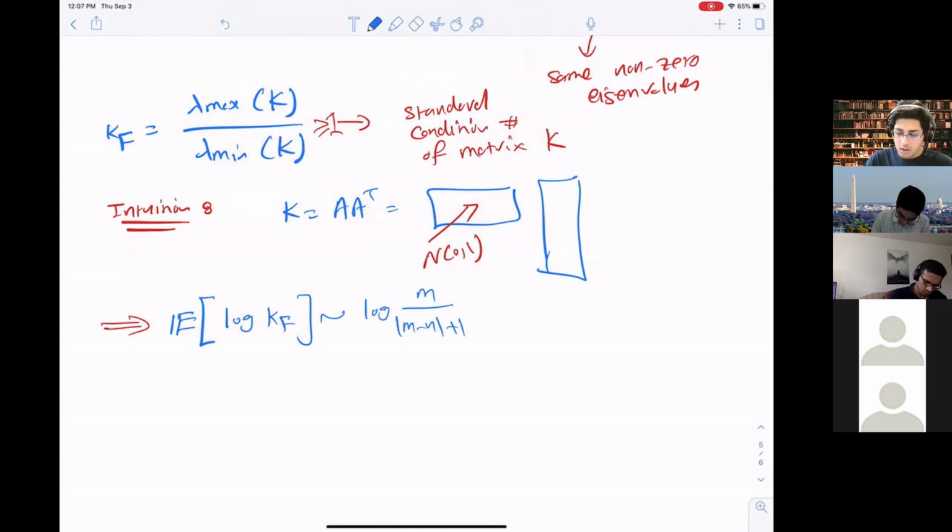In particular, if m goes to infinity, if I have a lot of parameters, my condition number is going to 1. This is the best condition number I could hope for. And in fact, over-parameterization, at least in this simple example, helps me get a good condition number.